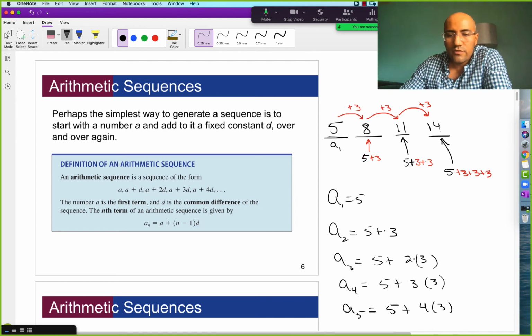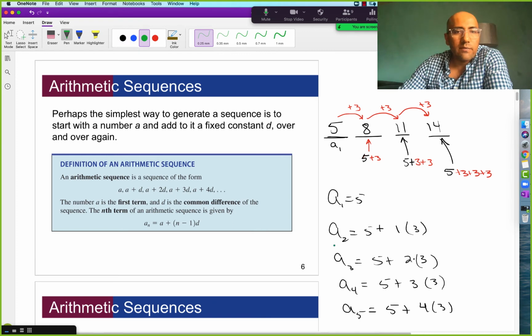And just to make the whole thing pretty here, let's add a 1 here. 1 times 3. That would make it pretty. 1 copy of 3, 2 copies of 3, 3 copies of 3, and so on and so forth. So what's the pattern between the indexed value and here?